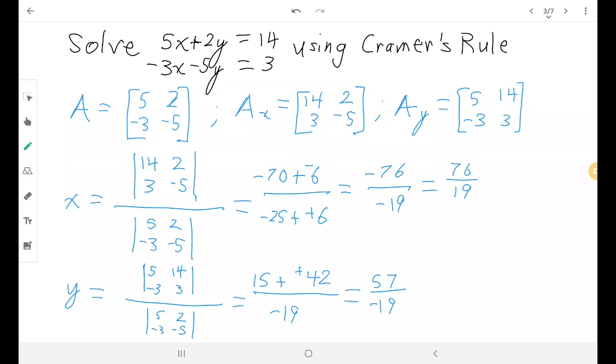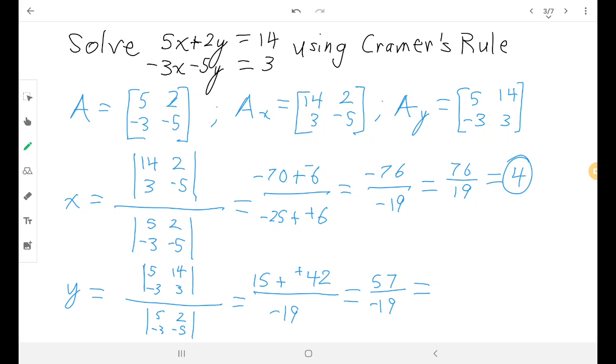Is the first one 6? Maybe 6 times 19 would be 60 plus 54. No. Would it be 4? 40 plus 36. Yes. So this one is 4.